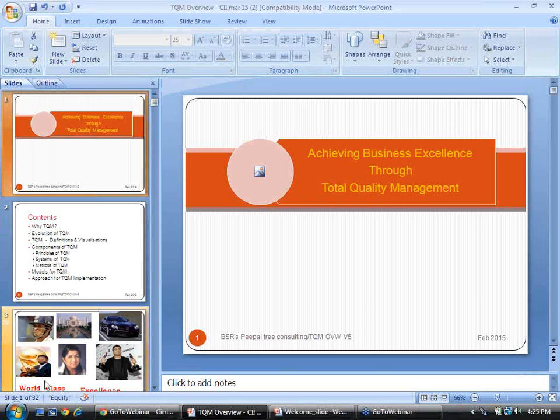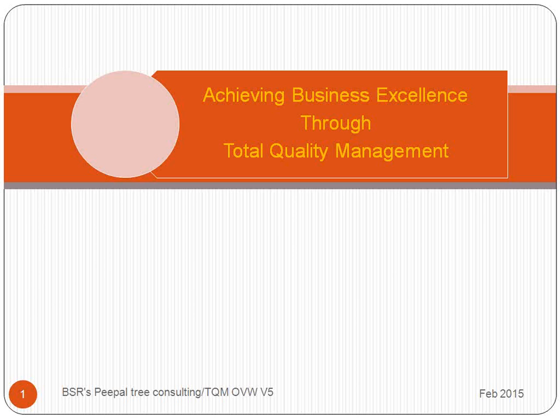So this is all that I had to say about implementation of TQM towards achieving business results. Just as a recap, we have gone through the purpose. We have seen some of the outstanding effects achieved by organizations that have implemented TQM. From there, we have also seen how TQM has evolved over a period of time, from a quality perspective and from a management perspective.